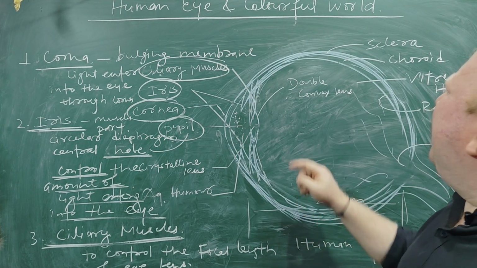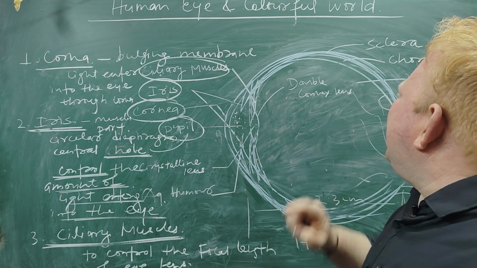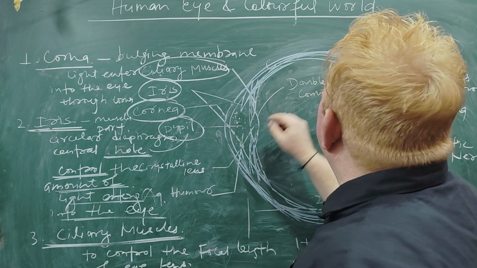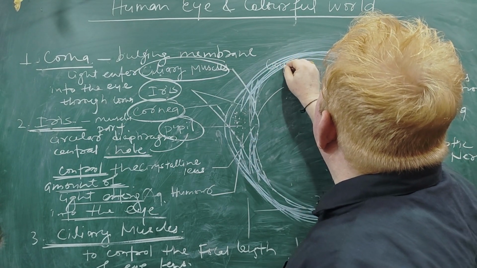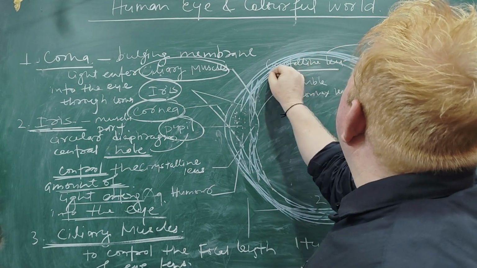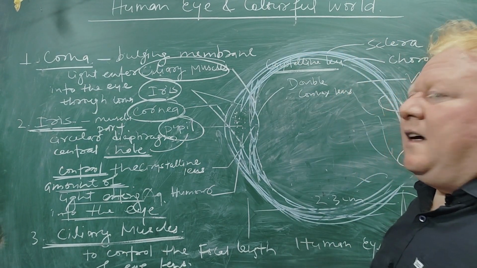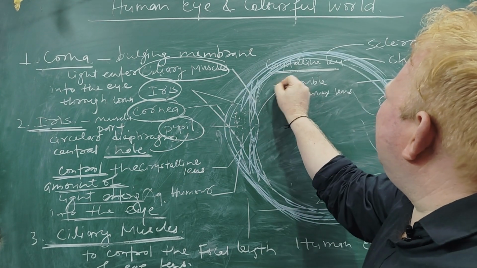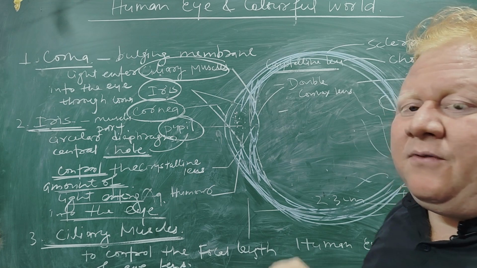So now for this crystalline lens, I can say that it is a double convex lens. First thing. Second thing, what is the function?